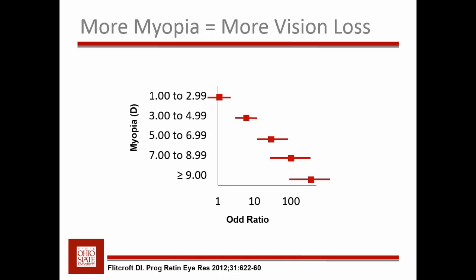When you consider people with less than 5 diopters of myopia, Ian Flitcroft actually did a calculation, and because those people are much more prevalent than those with over 5 diopters, approximately 43% of myopic maculopathy is actually associated with people with lower amounts of myopia.